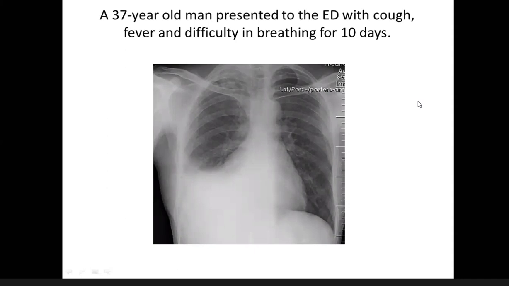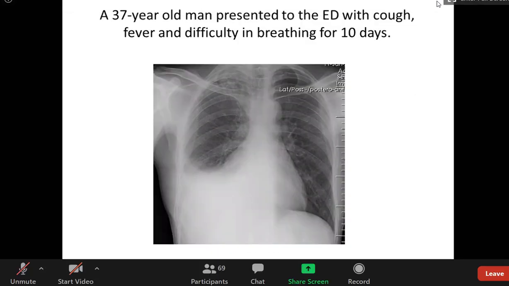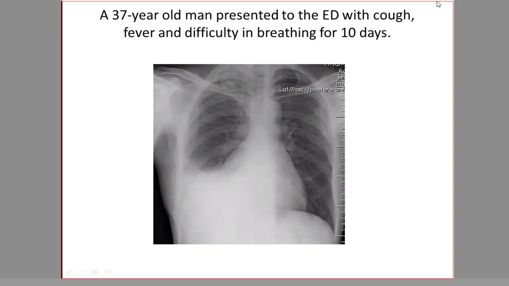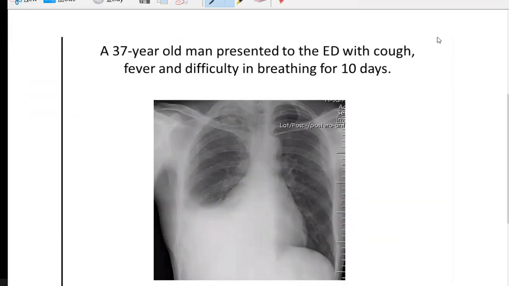If you are given this chest X-ray, what is the radiological diagnosis? What are the abnormalities you can see?